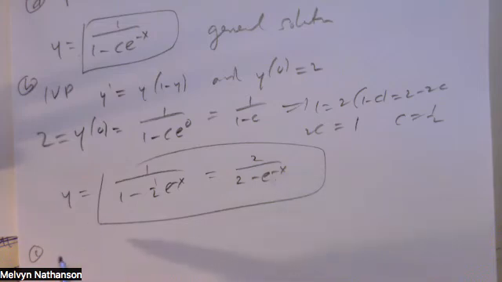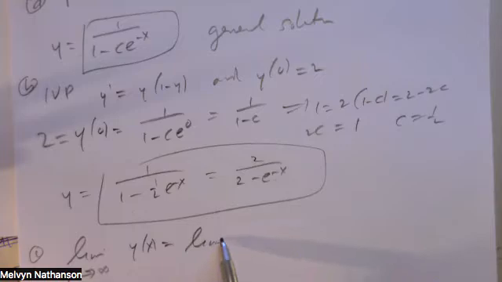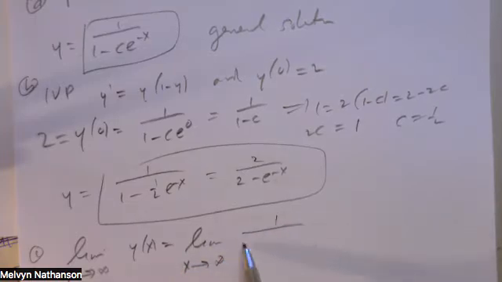And for this differential equation, what happens as x gets larger and larger? The limit as x goes to infinity of y of x is the limit as x goes to infinity of 1 over 1 minus a half e to the minus x. But as x goes to infinity, e to the minus x goes to 0.